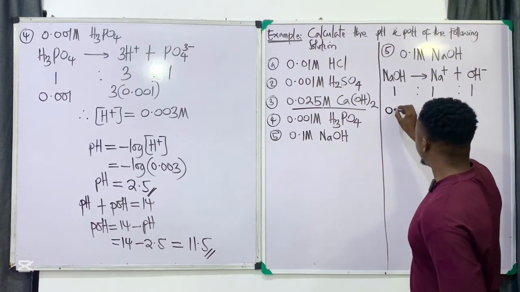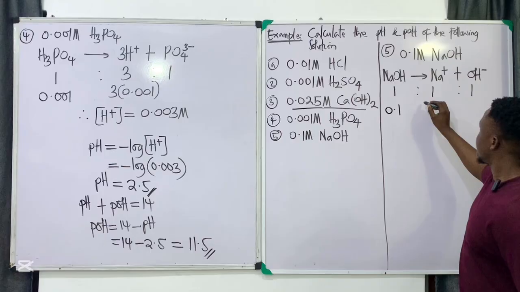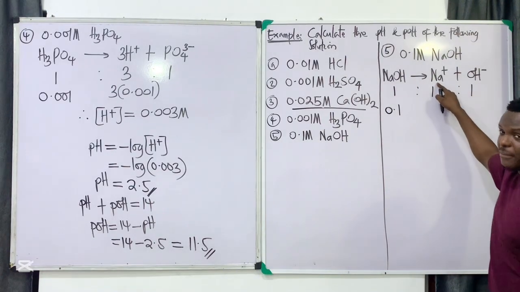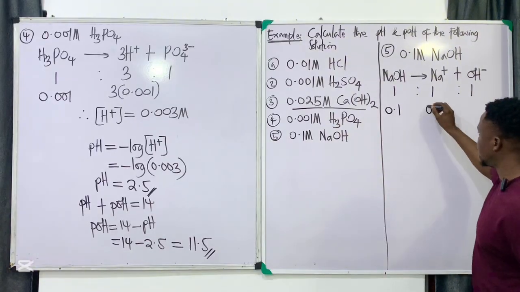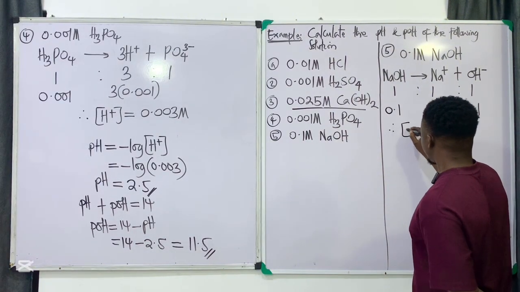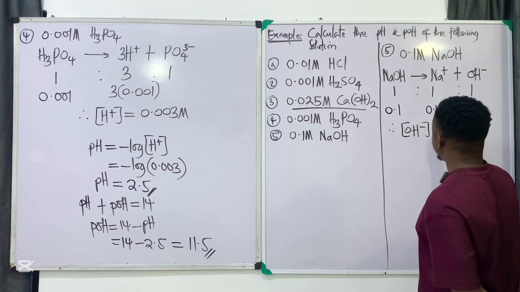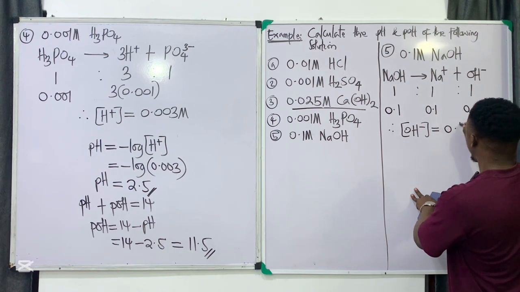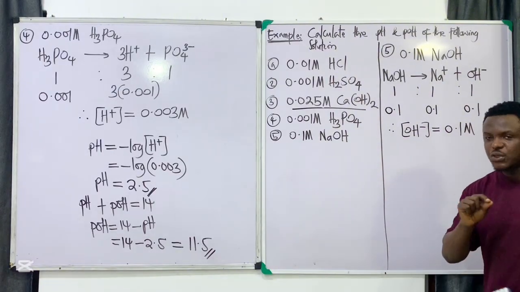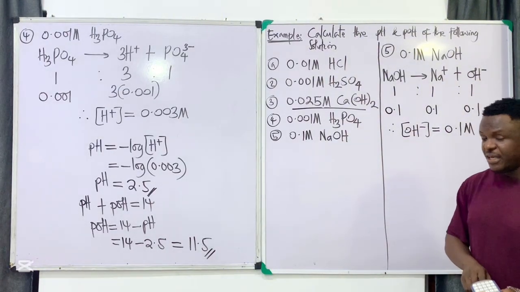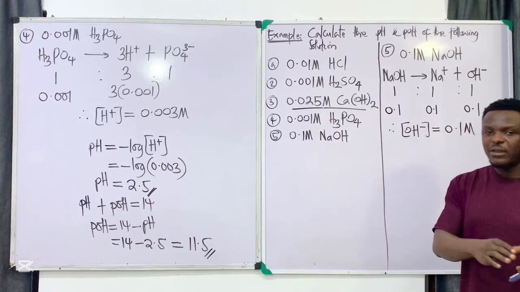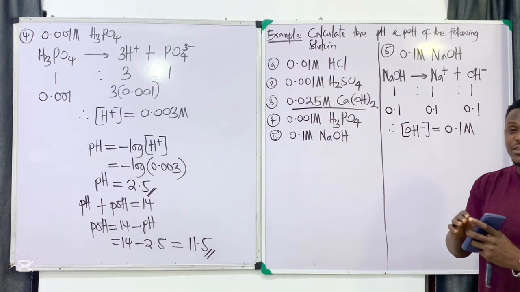So this is 0.1. The value of this is 0.1, so the rest is going to be 0.1, but I am not interested in Na plus. This is what I'm interested in. I'll just put it for formality's sake. So therefore, the concentration of OH is 0.1 molar. So since I have OH, what I am going to solve for first is not going to be pH, it's going to be pOH, because pH has H plus in its formula, whereas pOH has OH minus in its formula.